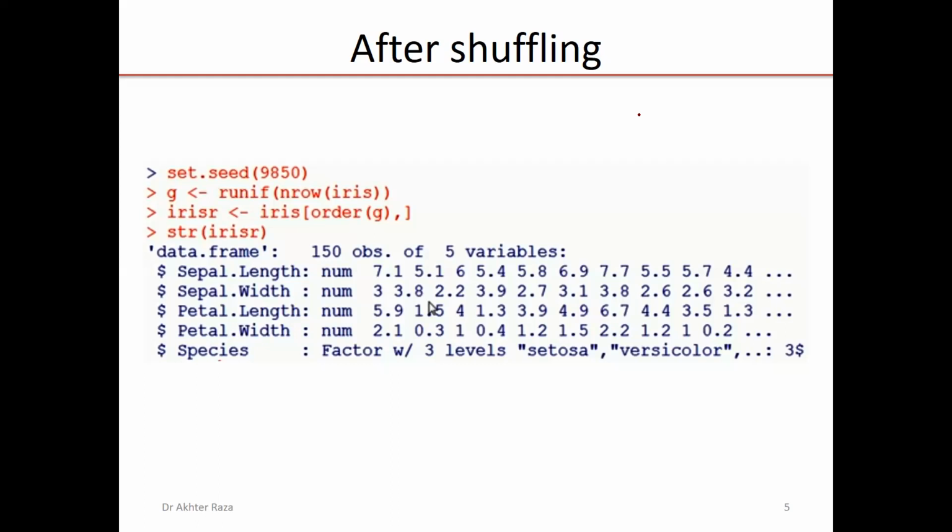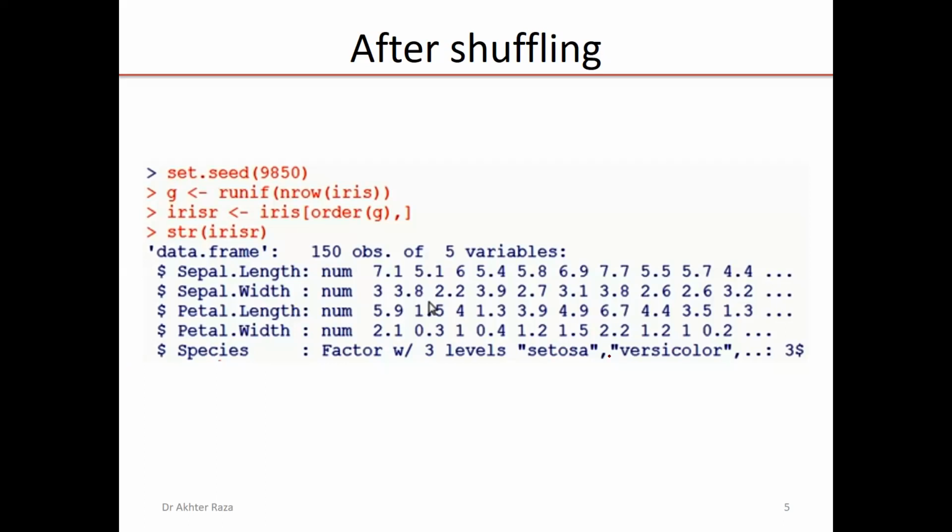It now has 150 observations: 50 observations from Setosa, 50 from Virginica, and 50 in the third category. These are the three categories and the total number of observations is 150. The species variable is a factor variable with 3 levels.